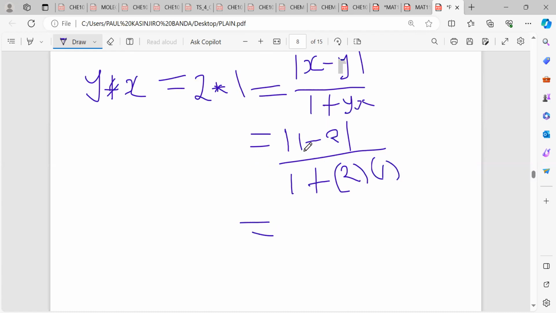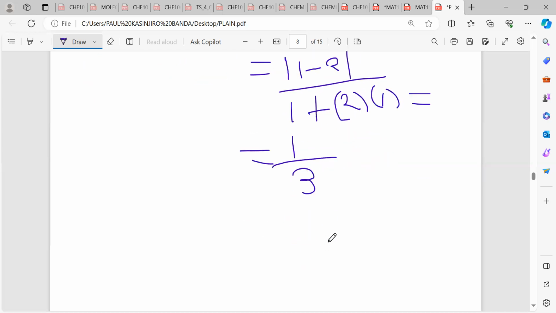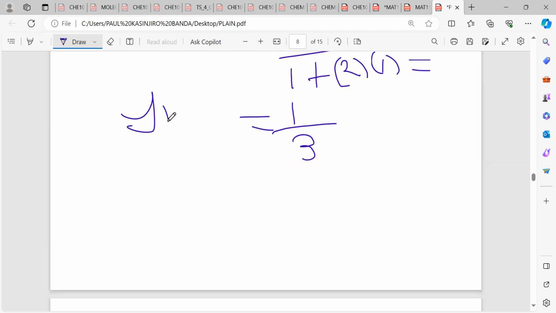So 1 minus 2 on top will be minus 1, and since we have the modulus, it turns into a positive number, so on top we have 1. Down here we have 1 plus 2 multiplied by 1, which is 2, so that's 3. So this is our y star x: y star x is 1 over 3.